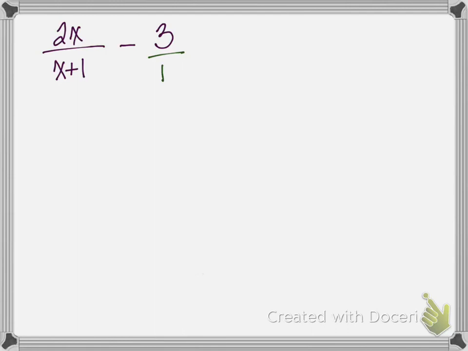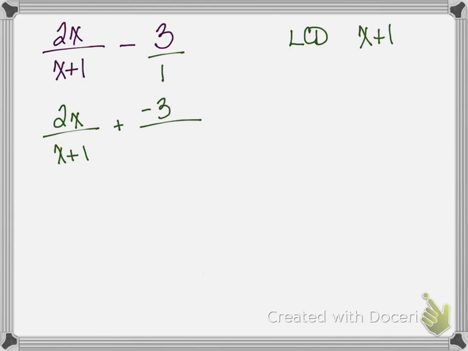Okay. My LCD is x plus 1. Now, I am going to go ahead and move my subtraction sign to the numerator. Okay? So I changed my subtraction to addition, and I made my numerator negative.